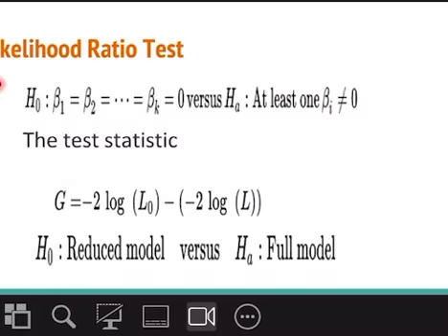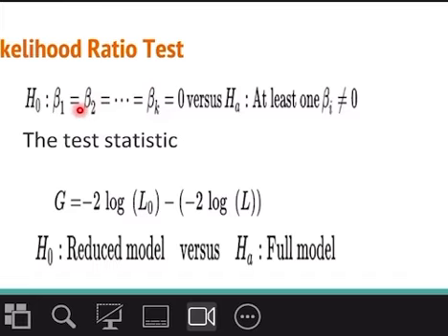Now, pay attention. You remember when we were dealing with simple binary logistic regression, we compared the intercept-only model with a model with covariates. Now here, in H naught, all the slopes are zero except the intercept.